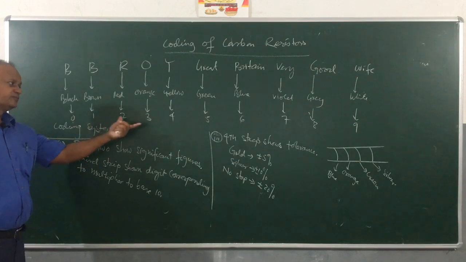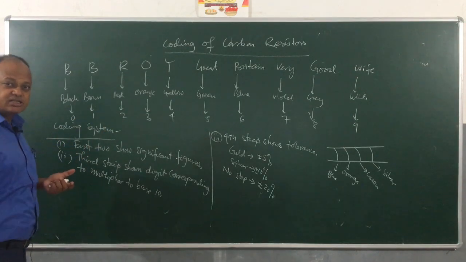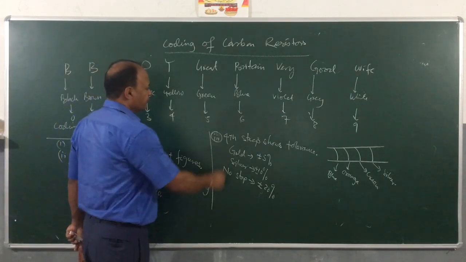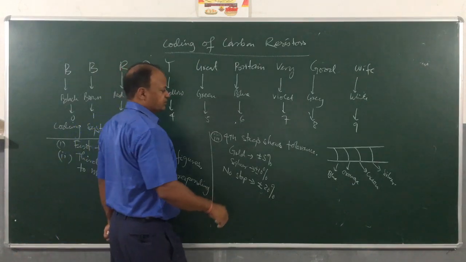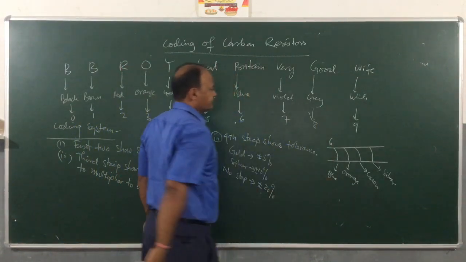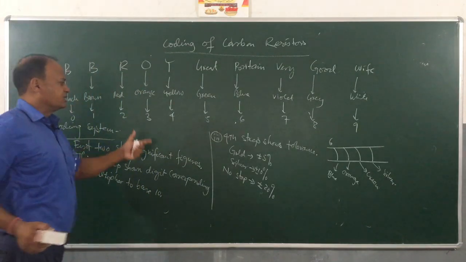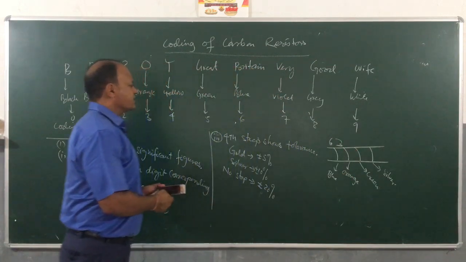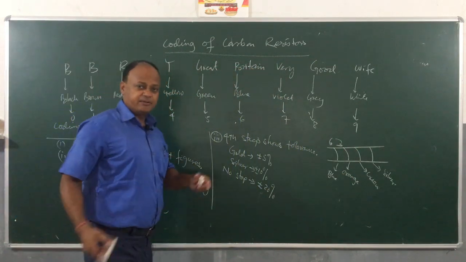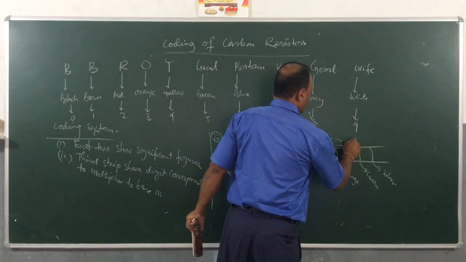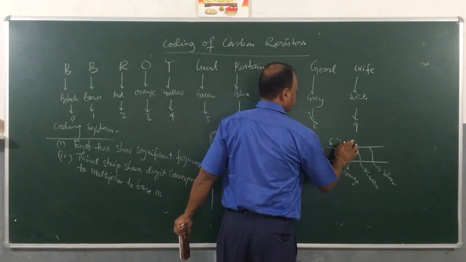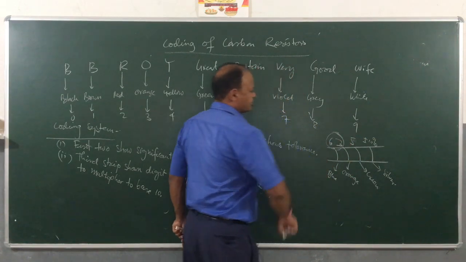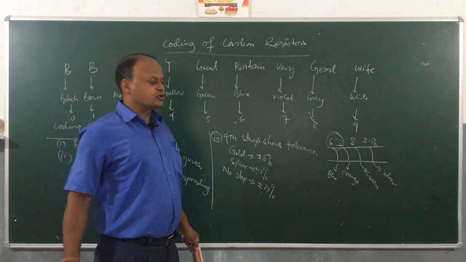If I go by the significant figures assigned to different colors, blue is how much? 6. Next is orange. Orange is 3. Next is green. Green is 5. And silver is plus minus 10%. So 6 and 3 are the first two significant figures.